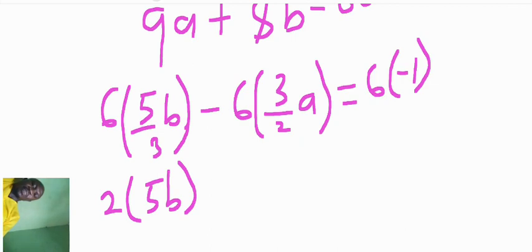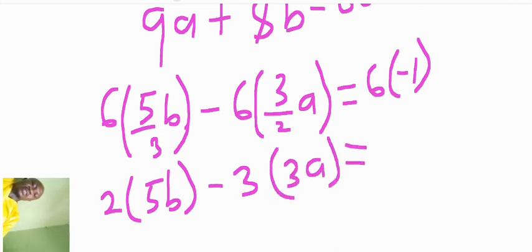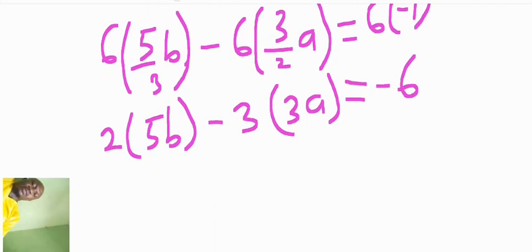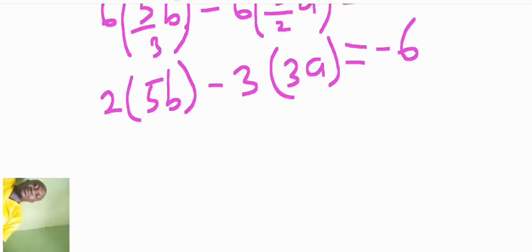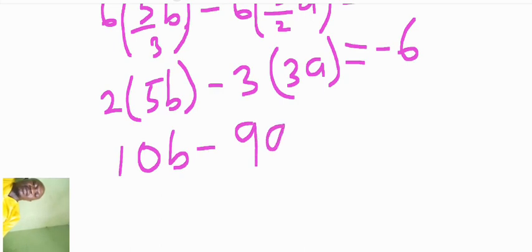Okay, so we have minus 3 outside the bracket, 3A inside, and this will give us -6. So if I simplify further, I will have 10B minus 9A, and this will be equal to -6.